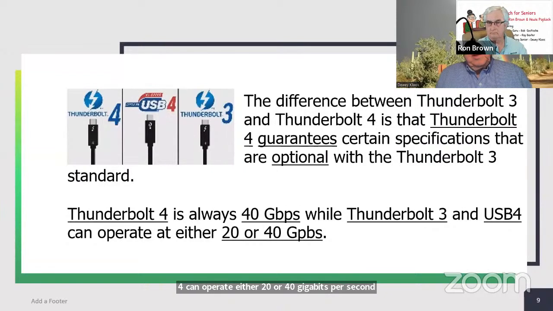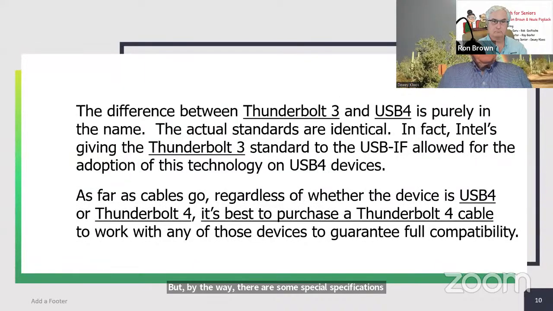But by the way, there are some special specifications for that 40 gigabit speed. The difference between Thunderbolt 3 and USB 4 is purely in the name. The actual standards are identical. In fact, Intel giving the Thunderbolt 3 standard to the USB Implementers Forum allowed for the adoption of this technology on USB 4 devices.